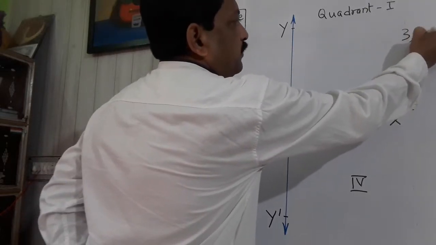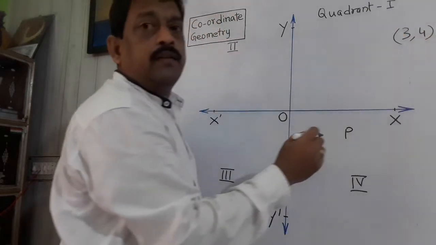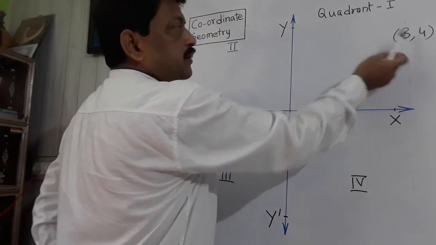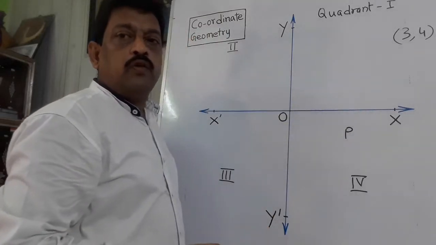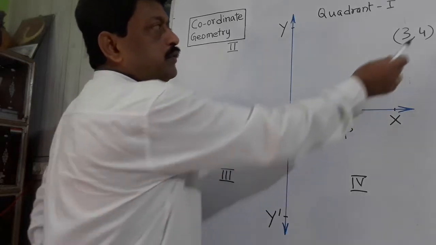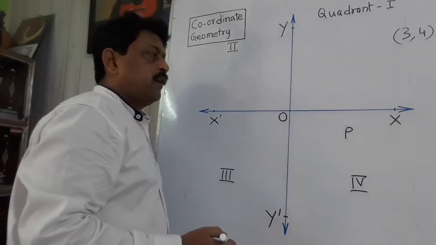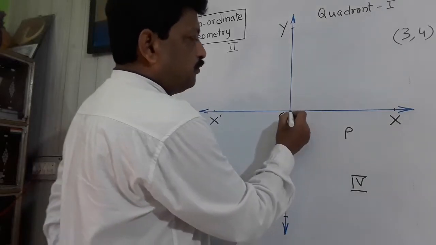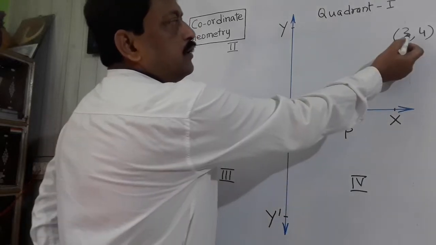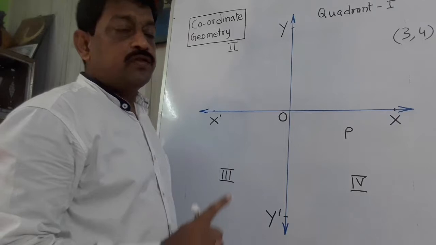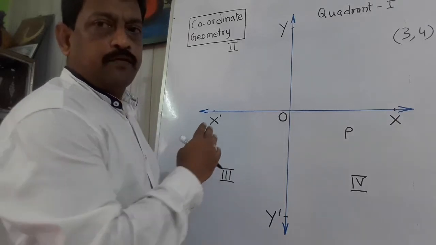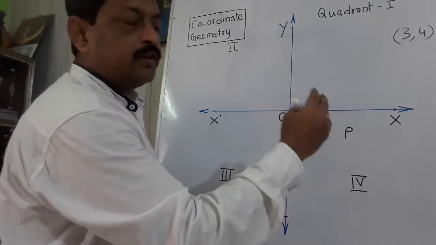Suppose this is the point (3, 4) given to us, and 3 represents the numerical value of the x coordinate and 4 represents the numerical value of the y coordinate. So first of all, we have to move along the x-axis 3 units, and since 3 is positive here, we have to move towards the right 3 units.